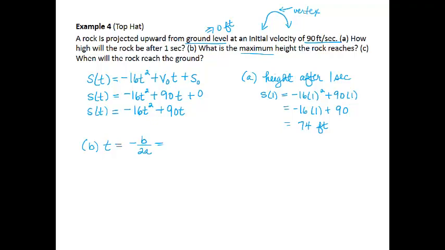Therefore, the time when the rock will reach the maximum height is the opposite of b, which is 90, divided by 2 times a, which is negative 16. So this is negative 90 divided by negative 32. And when we perform that calculation, we get 2.8125.